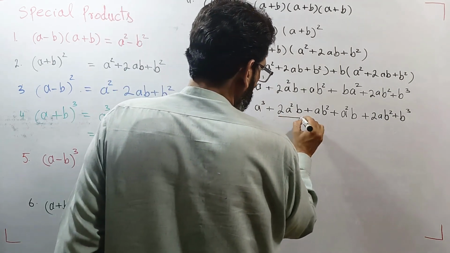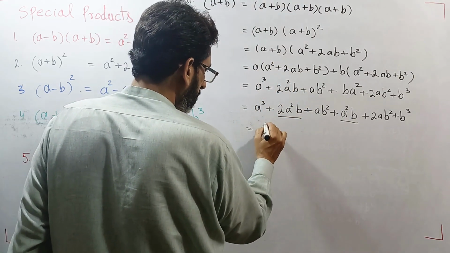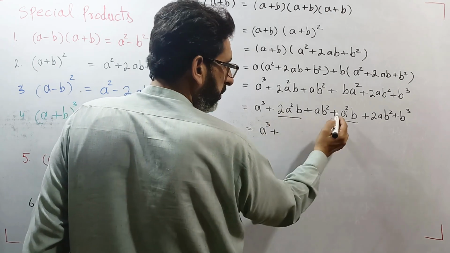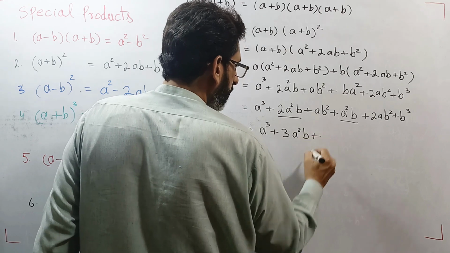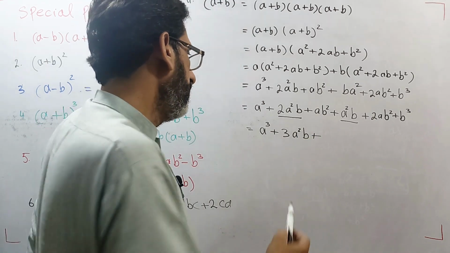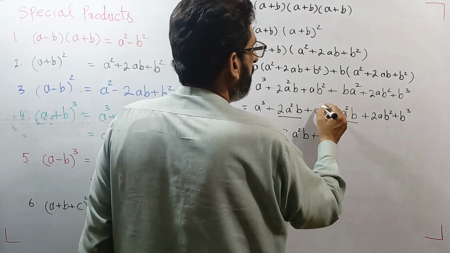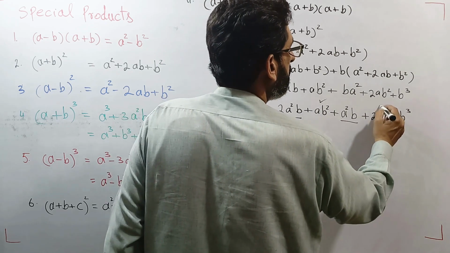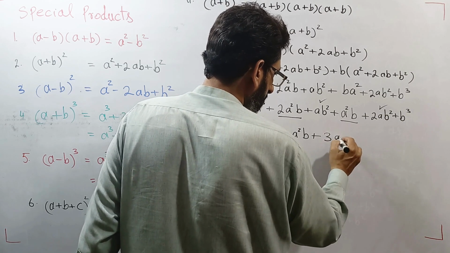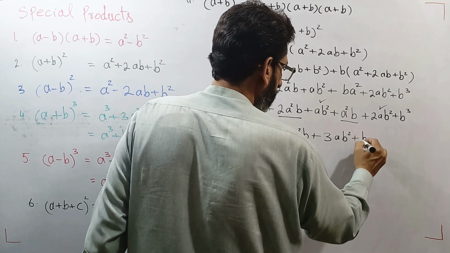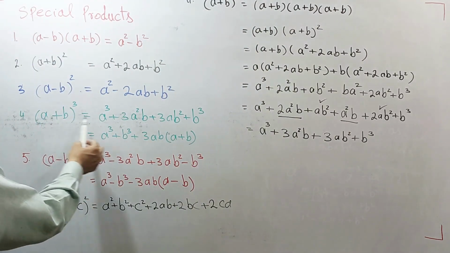Now this and this, these two terms are like terms, we can add these terms. We get 2 plus 1, 3a square b. When like terms are added, their coefficients are added. 2 plus 1, 3. Now ab square and 2ab square, these are two like terms, and by adding we get 3ab square plus b cube, and this is the right side of our formula number 4.